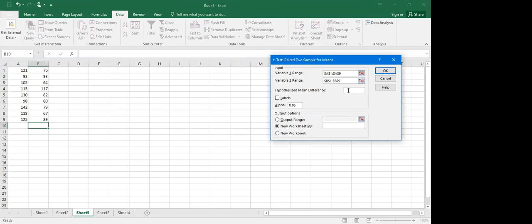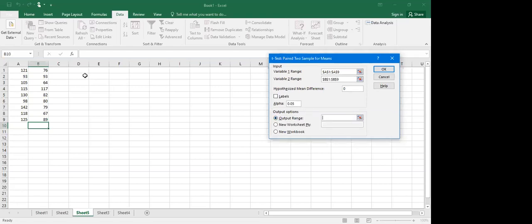Hypothesized mean difference here is 0. And we will choose an output. I can choose D2. Are you with me? Yep. Okay, then we click OK.